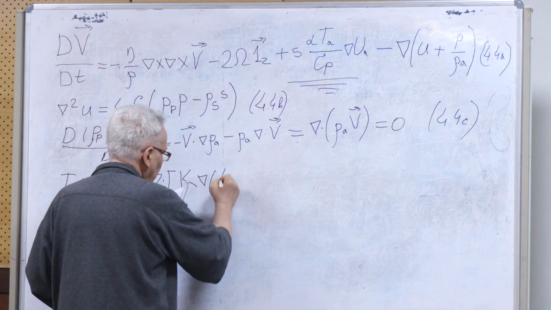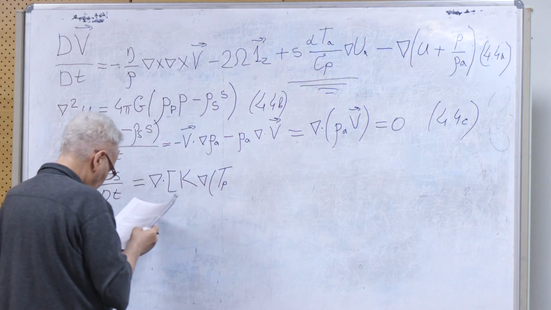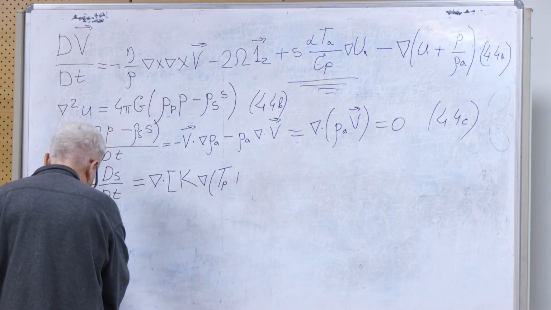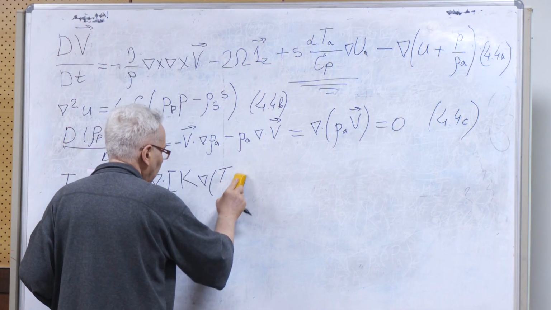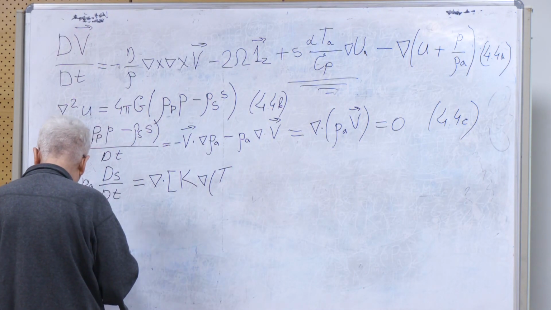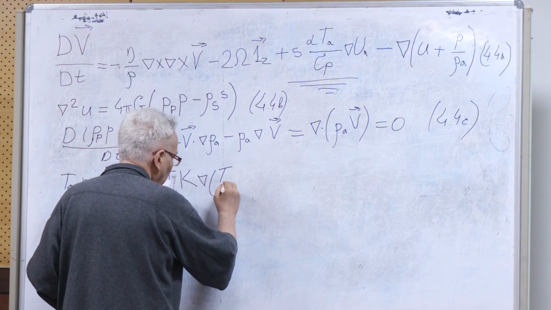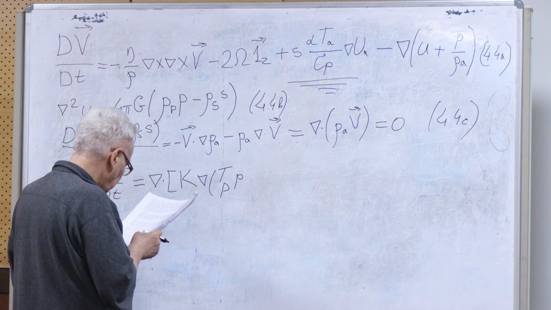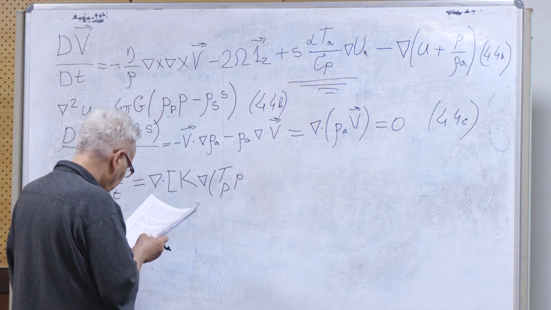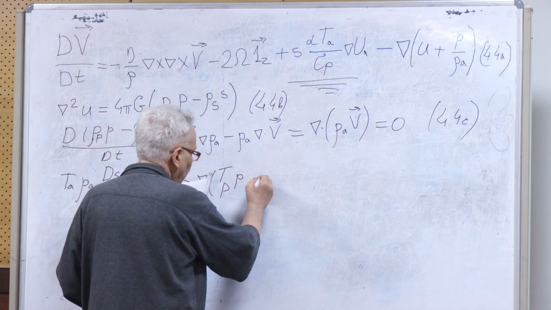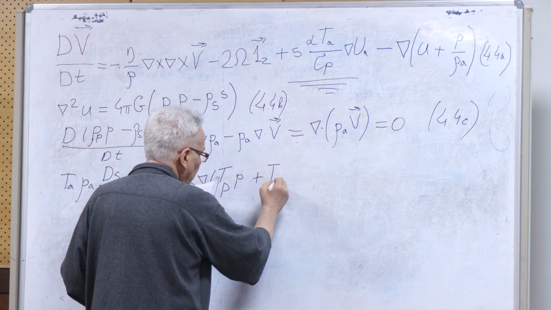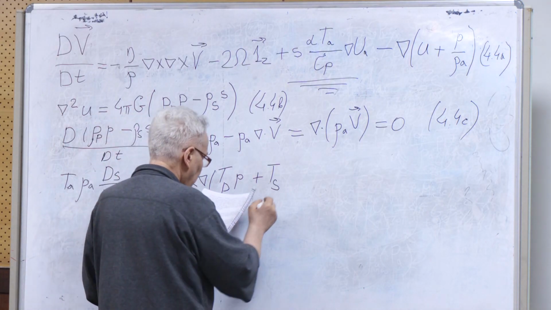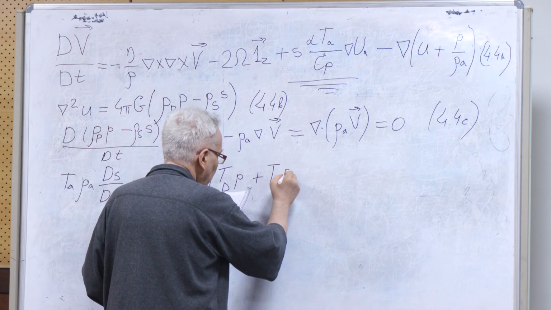So in this case, we have T_p multiplied by small p, again the derivatives of the temperature under constant pressure. Then plus the same, but at constant entropy, and here there is small s.